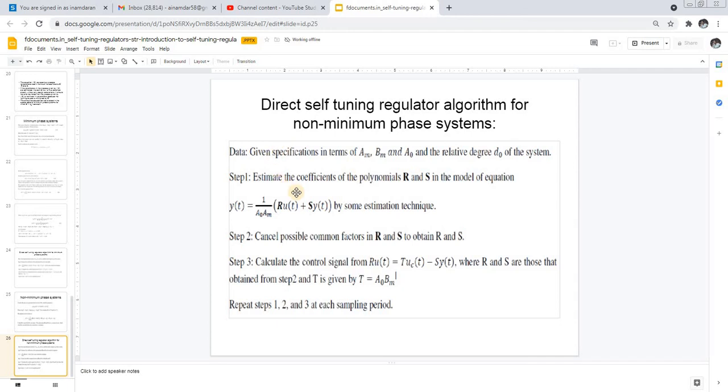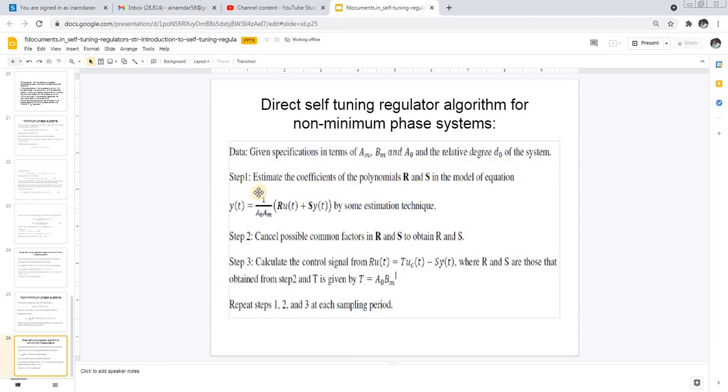Now the algorithm of STR for non-minimum phase is as follows. First of all, we have to collect the data in terms of Am, Bm, A naught and the relative degree d naught.